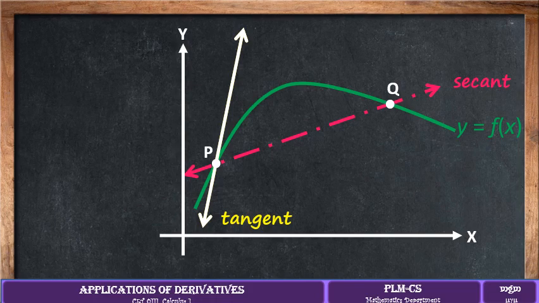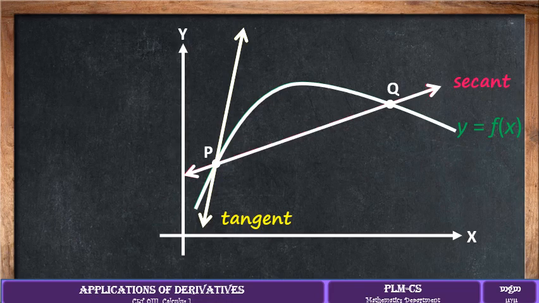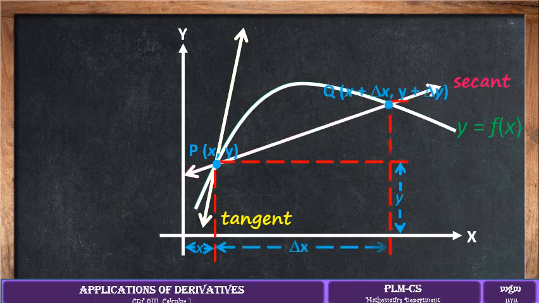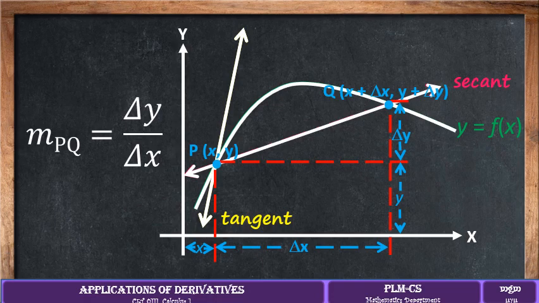The slope can be approximated using a secant line through the point of tangency P and a second point Q on the curve y equals f of x. If the coordinates of P are (x, y) and the coordinates of Q are (x plus delta x, y plus delta y), the slope of the secant line PQ through the points P and Q then is given by delta y over delta x.